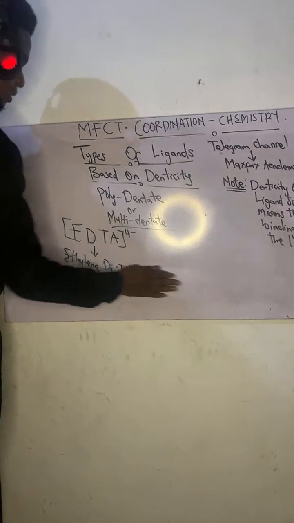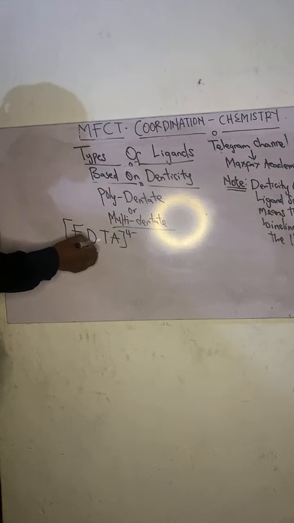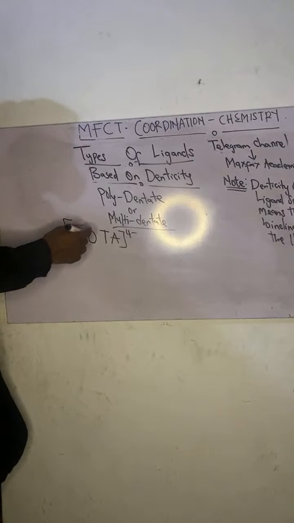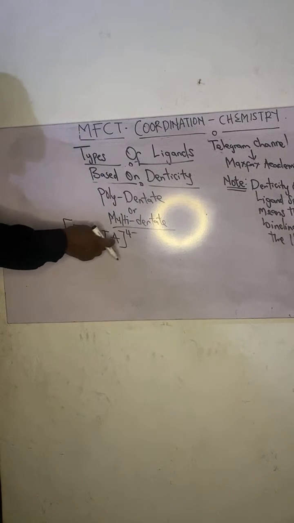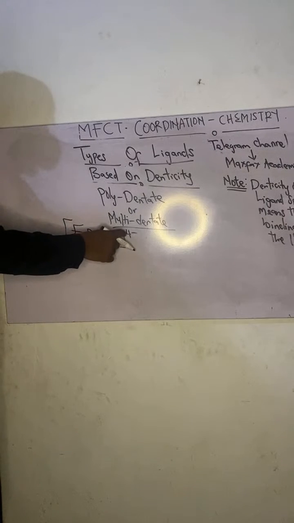So that is a common example of a polydentate ligand. It can also be referred to as multidentate, or you simply refer to it as polydentate. So they consist of many binding sites. So in this EDTA4 minus, we have 4 binding sites.